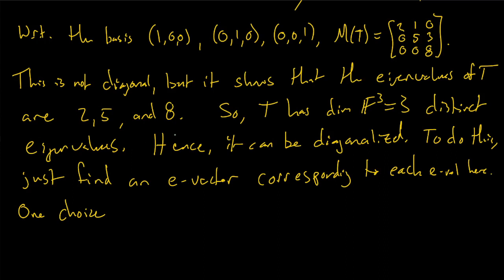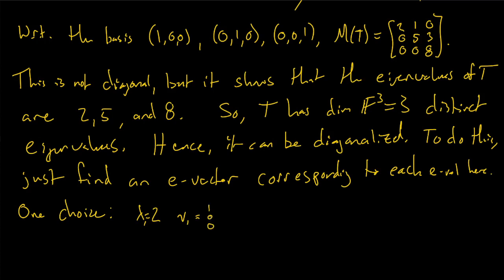It's a system of linear equations. Nothing too bad. Okay, so we solve for them. Let's do it. One choice. Lambda equals 2. Let's call this lambda 1. How about lambda 1 equals 2? Let's take v1 to be the eigenvector.